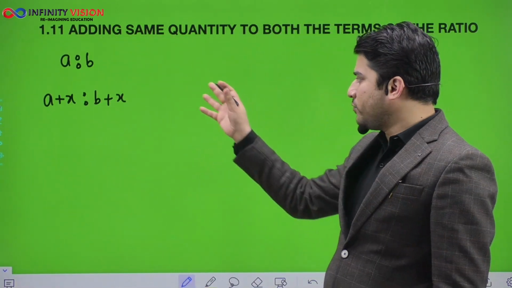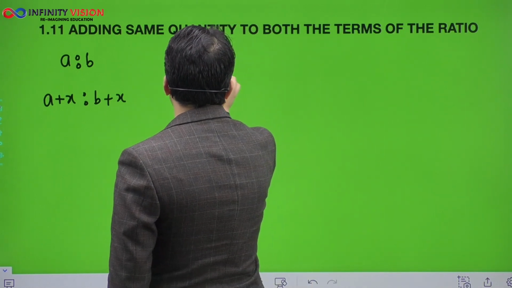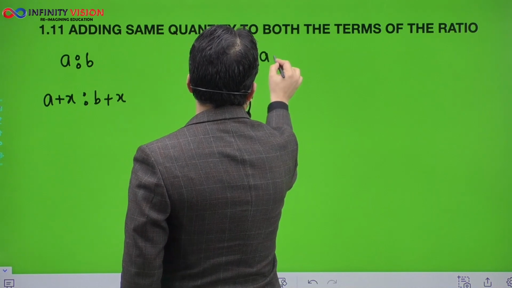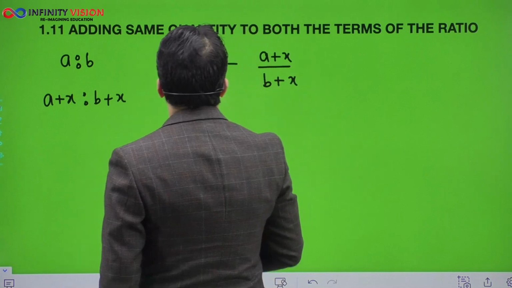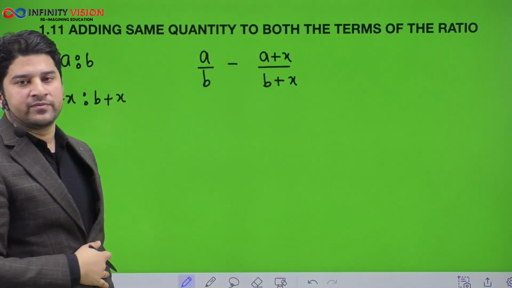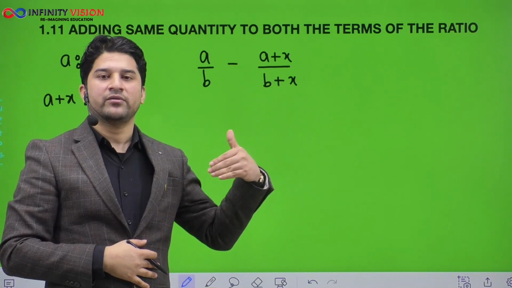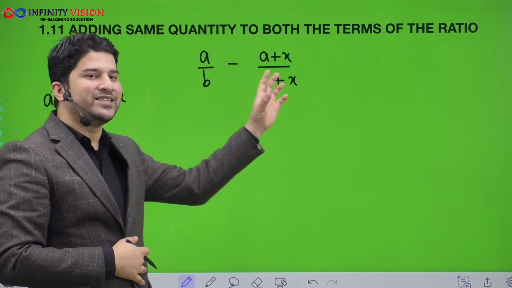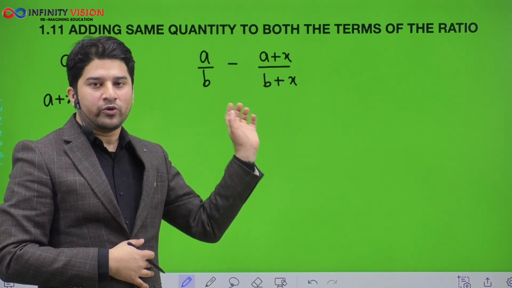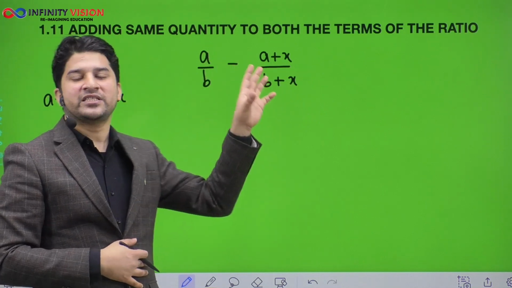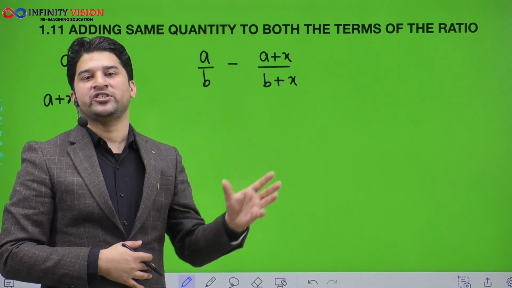Now to compare which ratio is bigger, we'll start with simply finding A upon B minus A plus X upon B plus X. If this is positive, then definitely the new ratio is smaller than the old ratio. If this is negative, then definitely the new ratio is bigger than the old ratio. And if the difference is equal to 0, then it means the ratio didn't change in value.